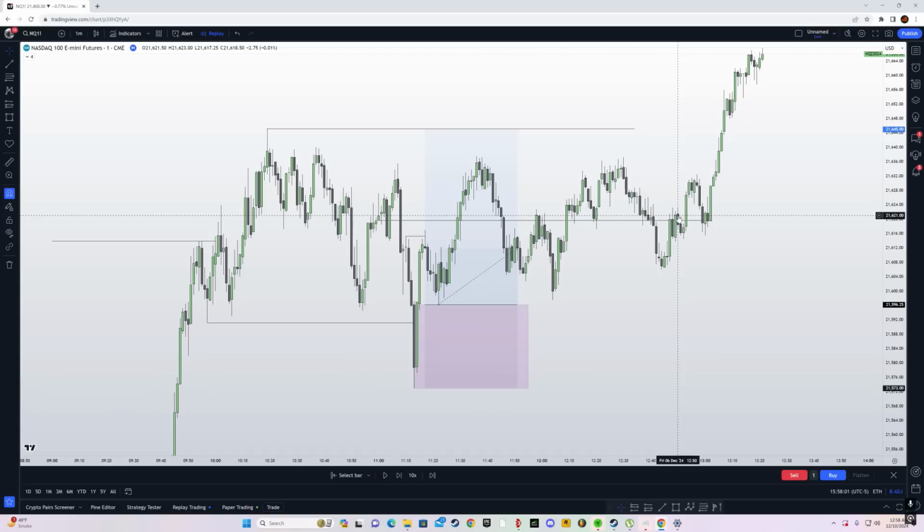All we need is power of 3 to take our trades, right? Everything that I'm teaching you right now is power of 3, just in different variations, different ways to trade, because markets are not the same all the time. So you have to look for these opportunities by using different models. I hope that makes sense.